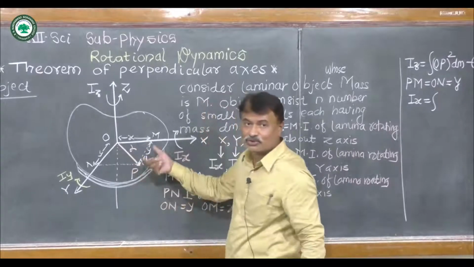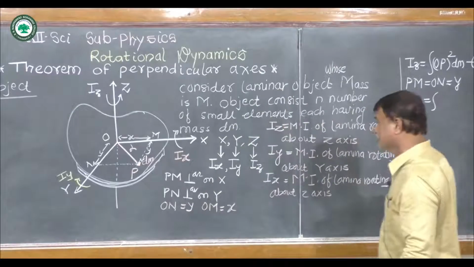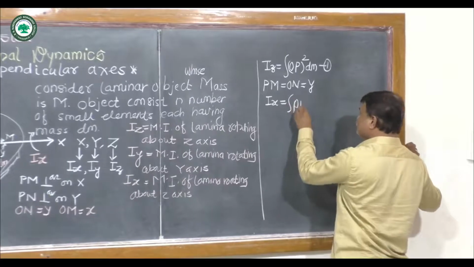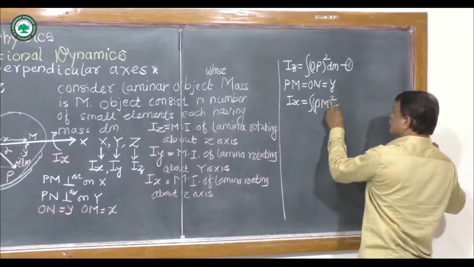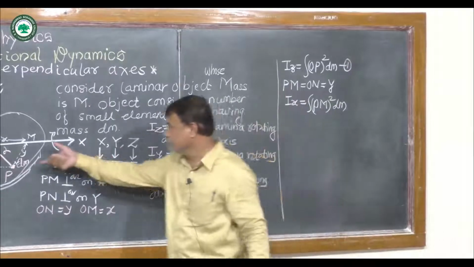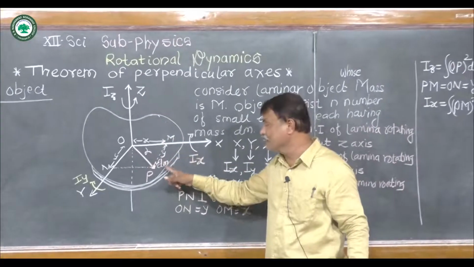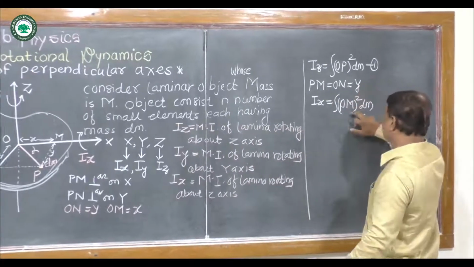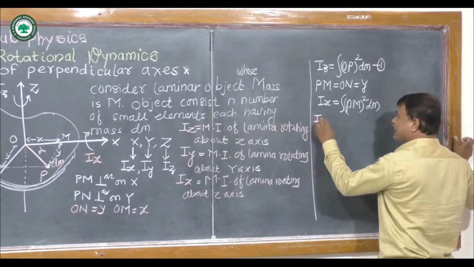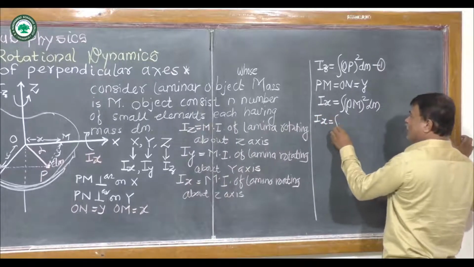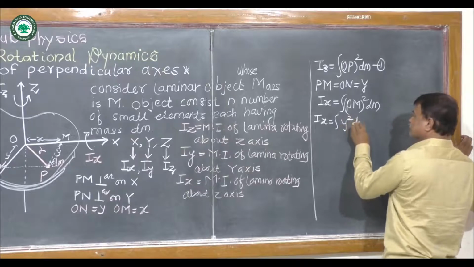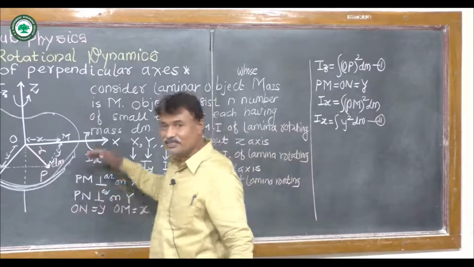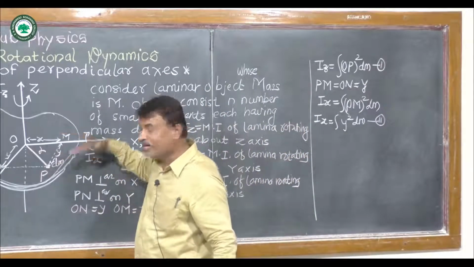So distance square, Pm square dm, square of distance into mass of each element. But Pm is equal to y, so Pm square is equal to y square. So we get Ix is equal to integration of y square dm. This is equation 2. This equation 2 gives us the moment of inertia of a plane lamina rotating about the x-axis.